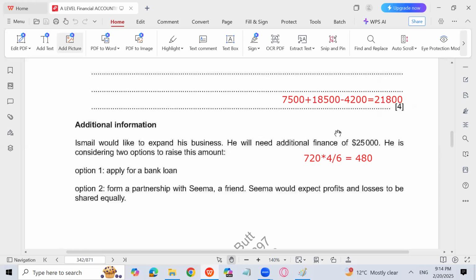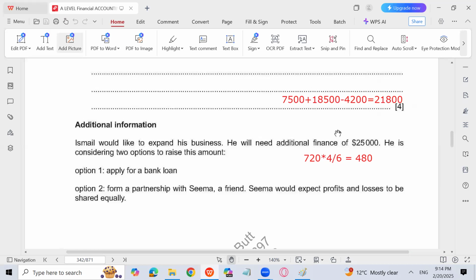If there are going to be losses, those also will be shared. And more capital will come into the business. Decision making will get a little difficult because his opinion has to be taken into account, right?